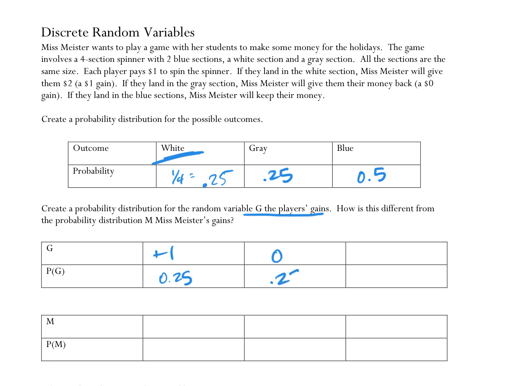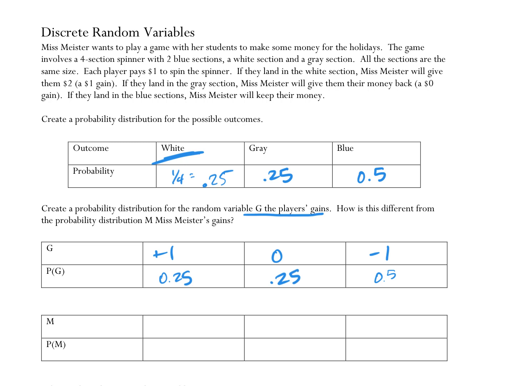And that's going to happen 25% of the time. And if you spin a blue? -1, because you're walking away with less money than you started. What's the probability of that? 0.5. Cool.